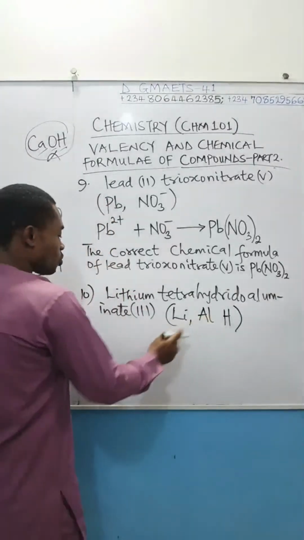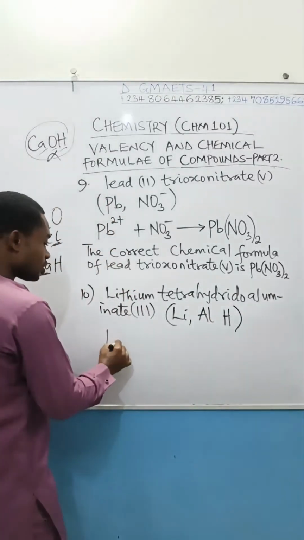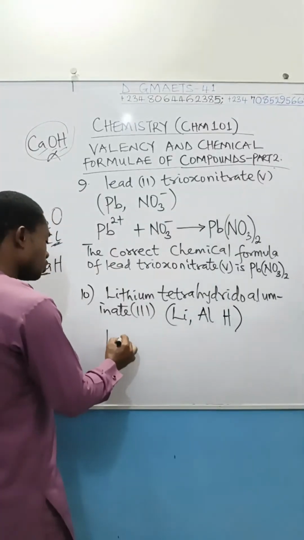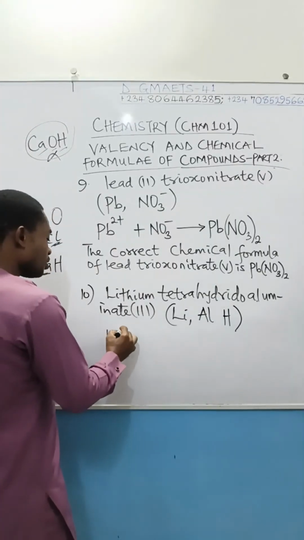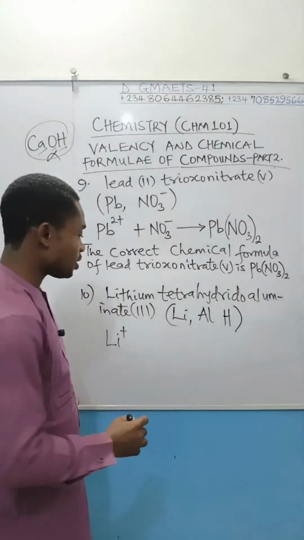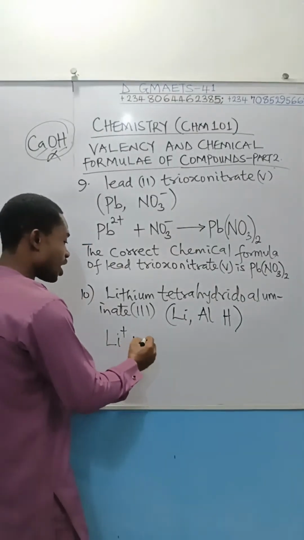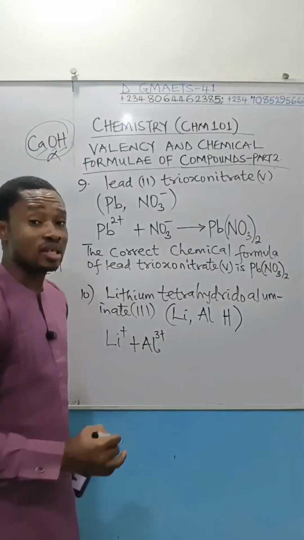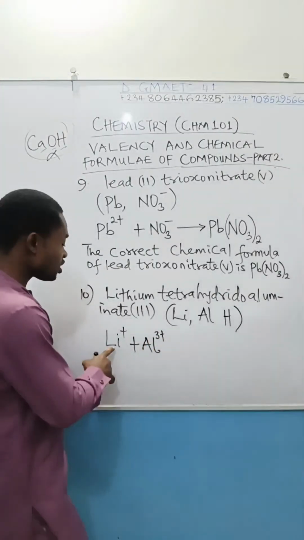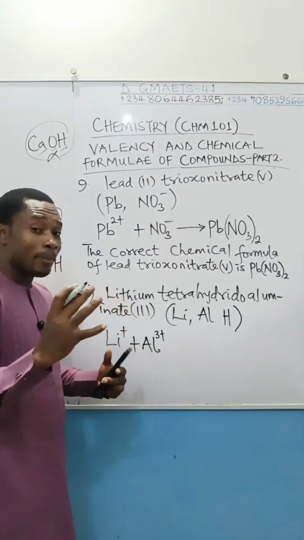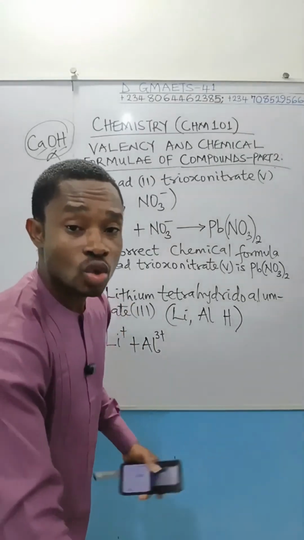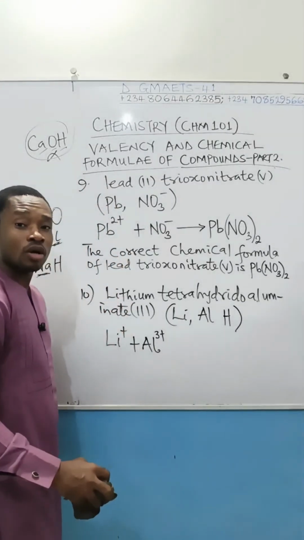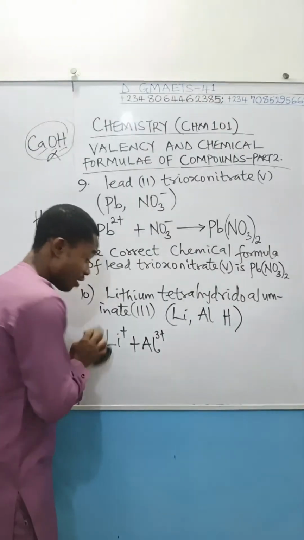Therefore, we have to write this out. The combination will be something of this form: lithium with its +1 valency together with aluminum with its +3 valency. As a matter of fact, this lithium and aluminum will combine together to give you a total valency of 4.